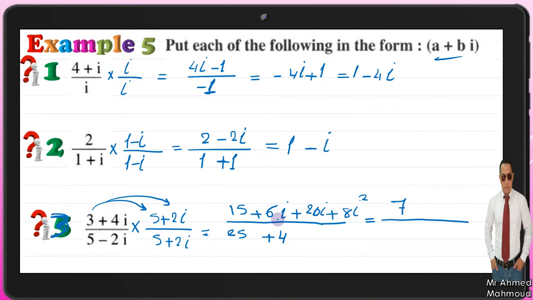6i plus 20i equals positive 26i. Down, 25 plus 4 equals 29.